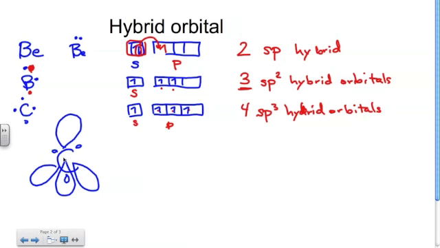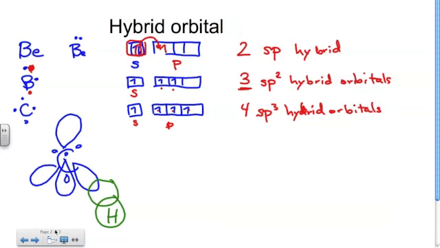This looks a little funky, and an itty-bitty lobe here. So now 4 bonds can form, and it's very easy. Say if you have a hydrogen, which has its s orbital, it's very easy for this s orbital to overlap with this large part of the sp3 orbital.